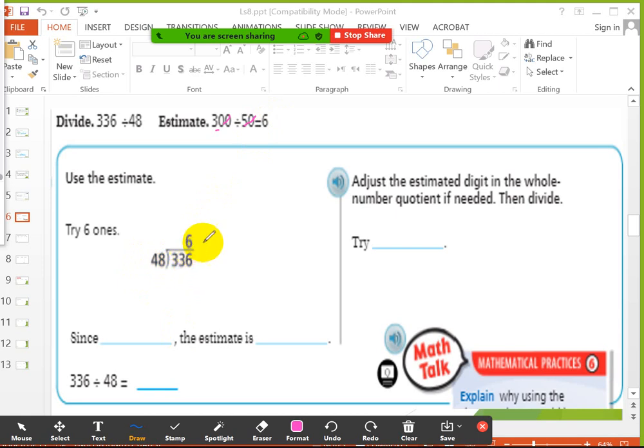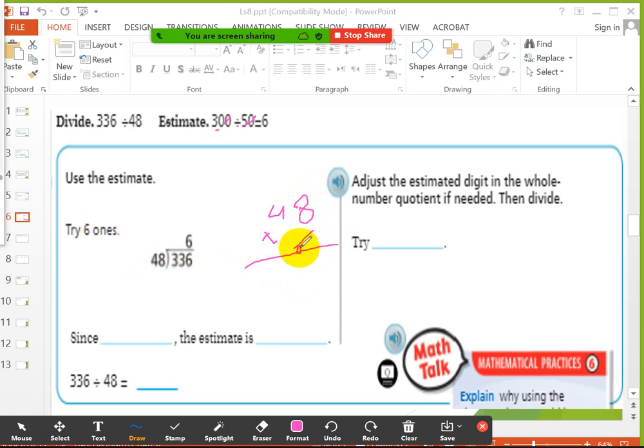I think 6. So I multiply 6 with 48. Now 6 multiplied by 8. Thank you, girls, you gave me the right answer.